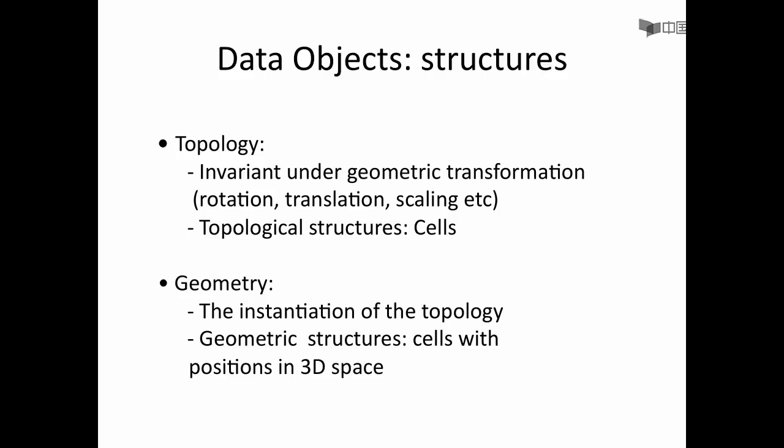Those are the topology, because even if you transform a triangle, it is still a triangle. So the topology remains unchanged. The geometry is the instantiation of the topology. It deals with the size of the cell, the position of the cell, the orientation of the cells, etc.